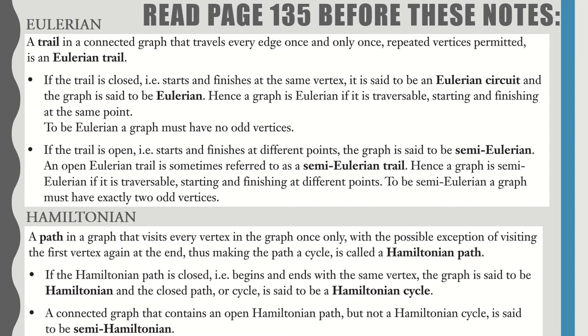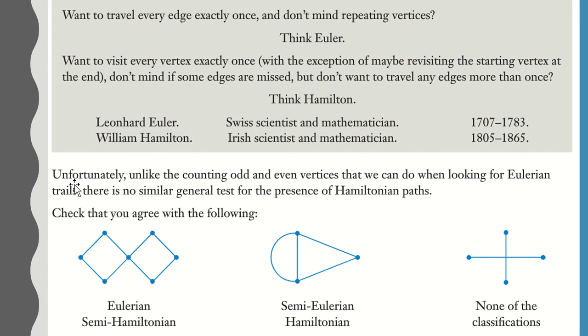I'm going to focus on the next slide, which I think is the most important slide, because it condenses a lot of the information really, really well. And I've obviously got some examples here which we're going to look at as well. Okay, so there's two types of networks that we're going to be looking at here: Eulerian and Hamiltonian.